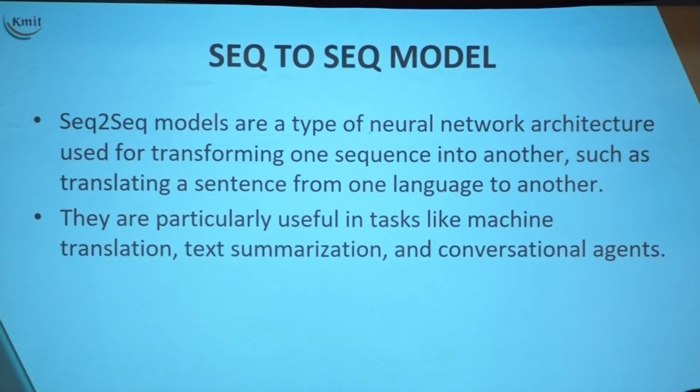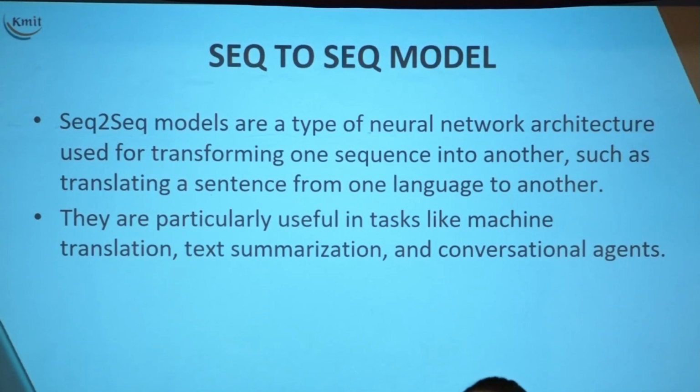For example, if you give Google "hi, my name is", it will translate in Hindi and say, "Namaste, mera naam hai." So it takes a proper sequence as input and generates an output which is also a sequence.